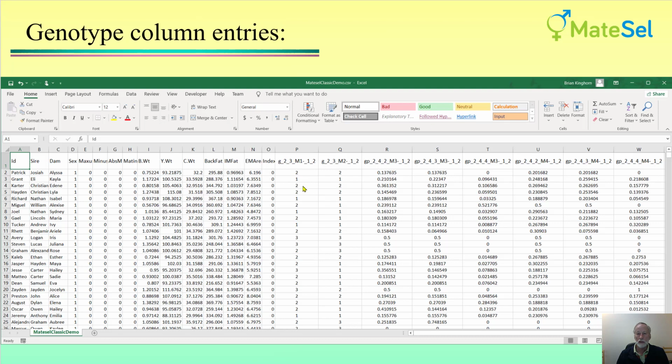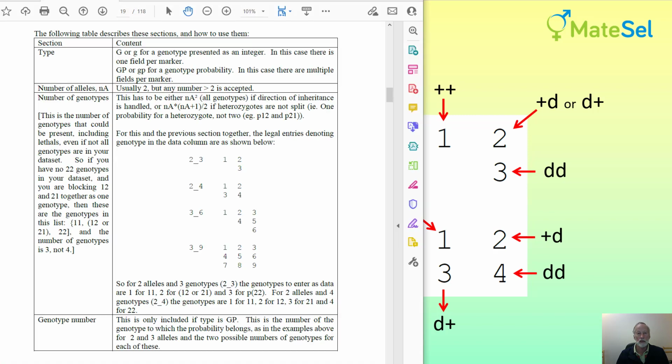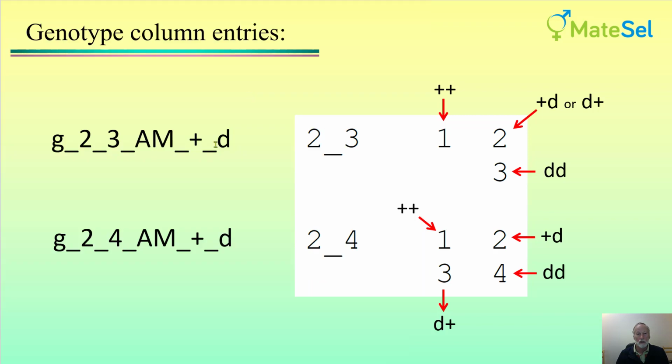So now let's look at the genotype columns and see what are the entries that we put in there to represent the different genotypes we've got. This is how it works, and you can see this in our manual on page 19. So if we have the alleles plus and D, then for a 2 allele 3 genotype example, the 3 genotypes are the 2 homozygotes and the heterozygotes collectively, and these are represented in the data file by 1, 2 and 3.